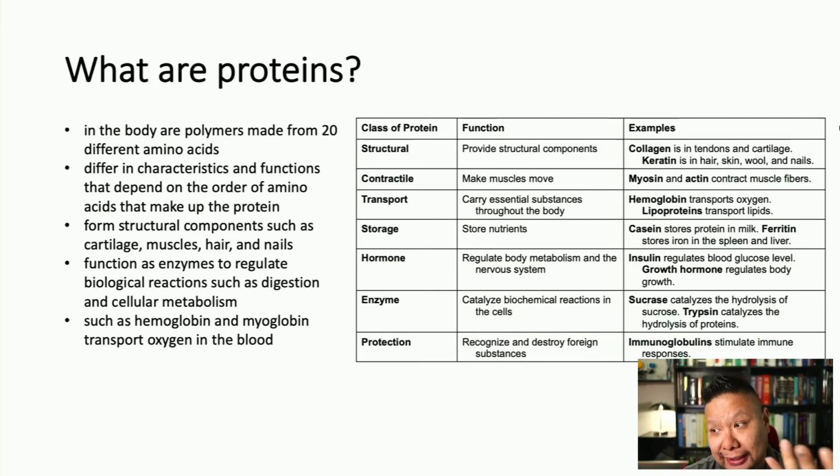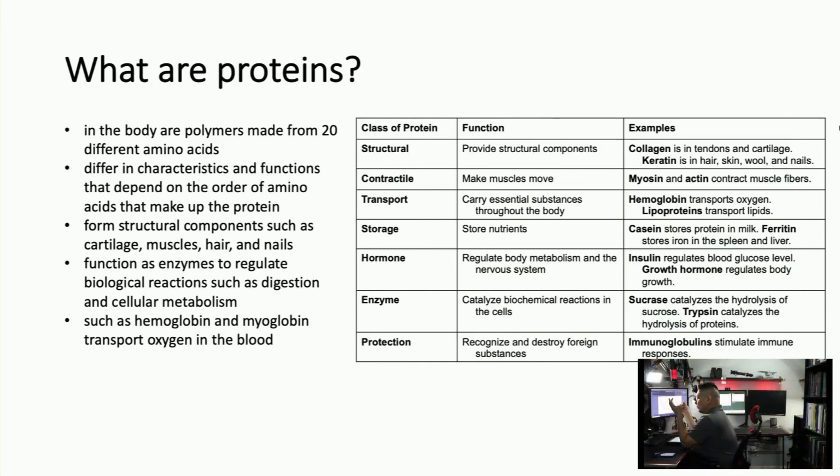The last one is nucleic acids. So the four types of biomolecules that we're going to study are the lipids, the carbohydrates, the proteins or amino acids, and then the nucleic acids. We've already done the carbohydrates. We've already done the lipids. Now we're going to do the proteins, and then after the proteins, we'll do the nucleic acids.